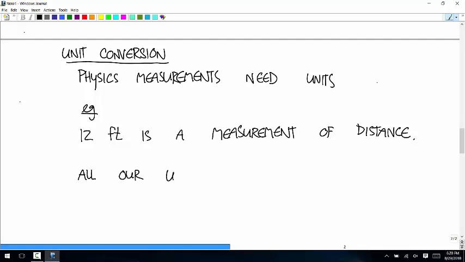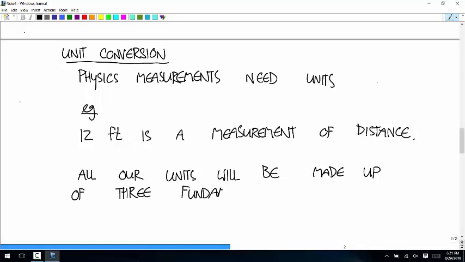So all our units will be made up of 3 fundamental unit types.